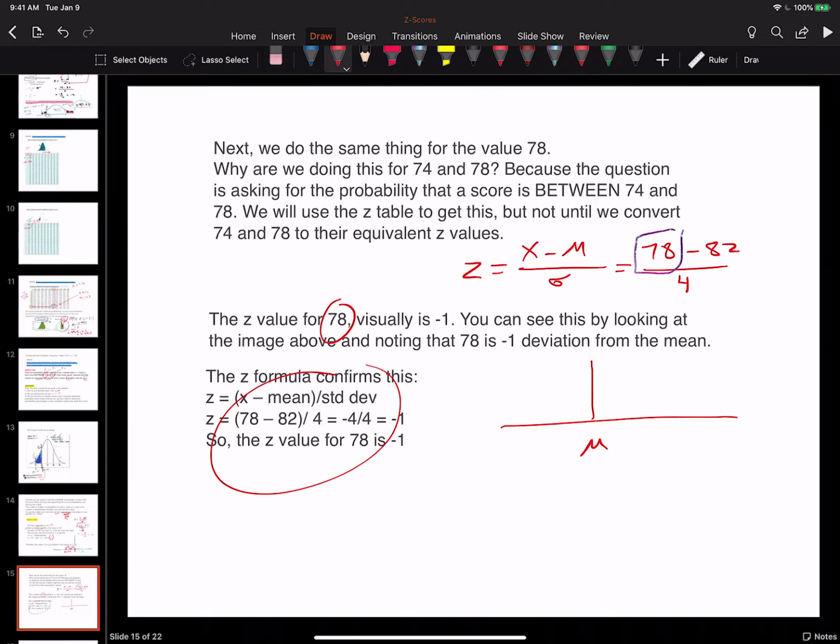So if this is 82, 78 goes right here. And to go to 78, that's 4 units to the left. So how many 4s? You are 1 sigma to the left. That is called z equals -1. So if you do the math, that's -4 over 4, which is -1, equivalent to z equals -1. That's the meaning of z.